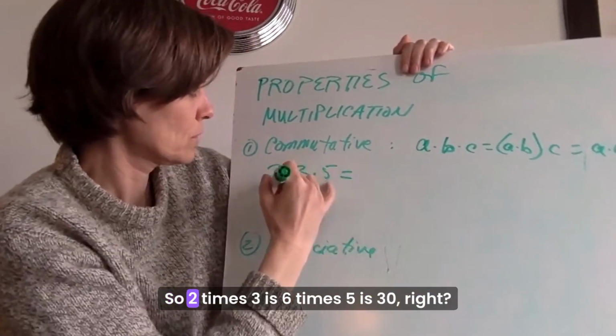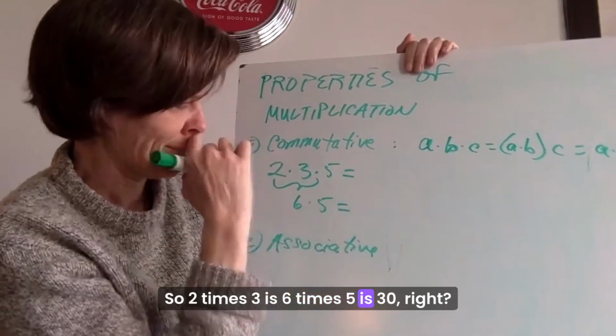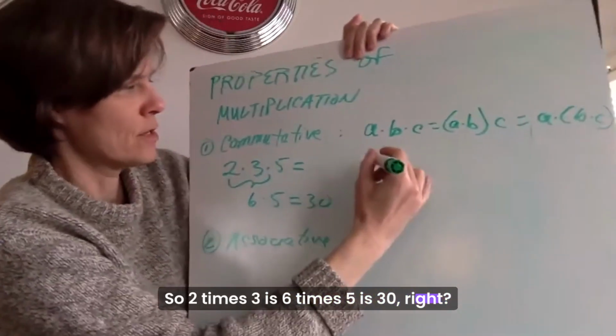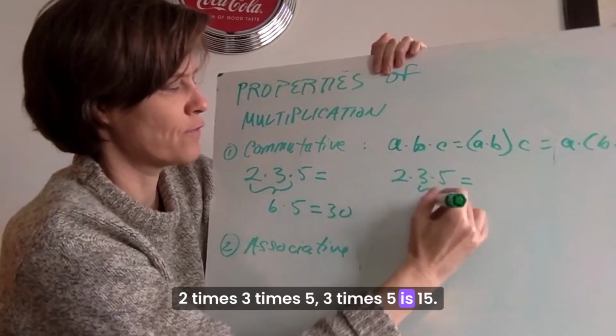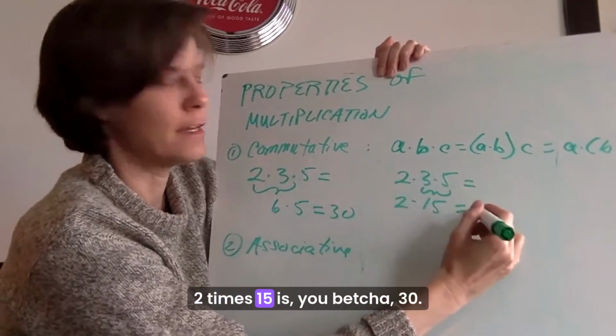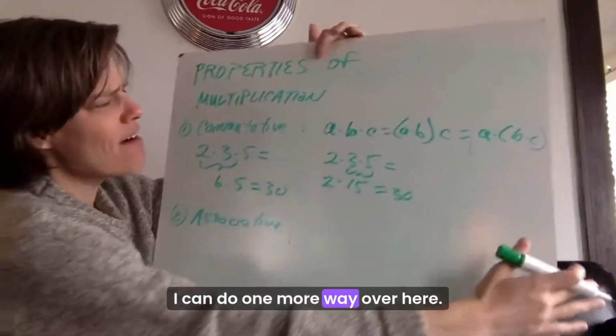So 2 times 3 is 6, times 5 is 30, right? 2 times 3 times 5, 3 times 5 is 15. 2 times 15 is, you betcha, 30. Can do one more way over here.